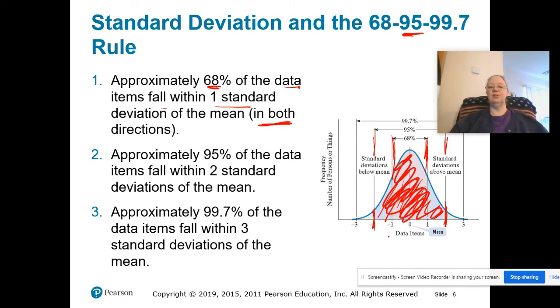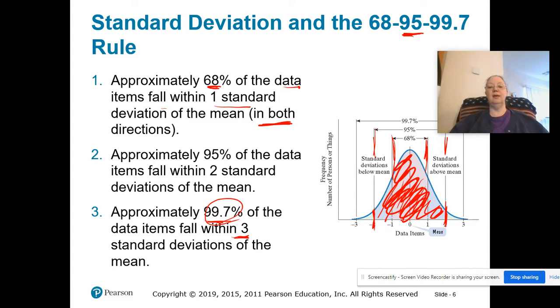And then once we go to 3 standard deviations, we're at 99.7% of all data items in a normal distribution. So basically we got almost everybody here.